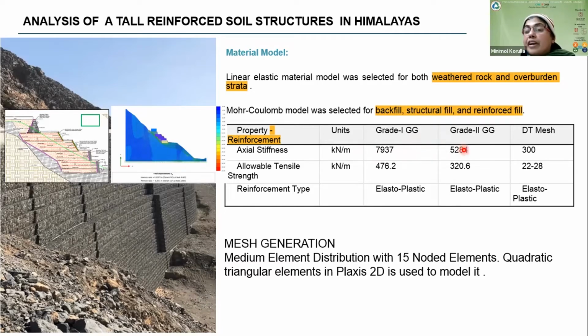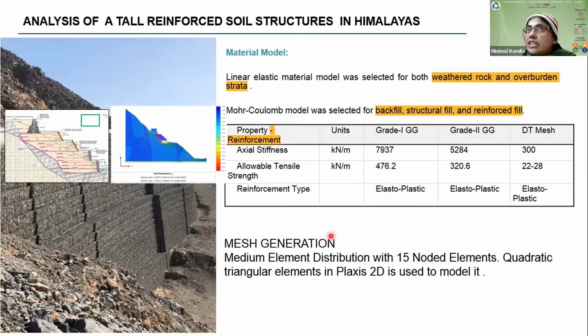And for the 500 kilonewton per meter strength geogrid, the axial stiffness value is 5,284. Whereas for the facing, the Gaussian mesh, the value is 300 only. The reinforcement type is defined as elastoplastic.